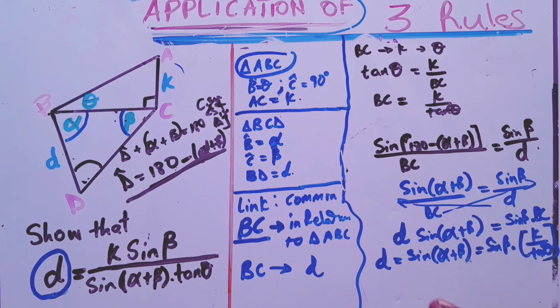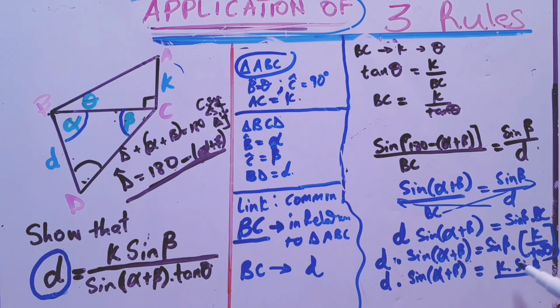So now, sorry, this is multiply. So now our D multiplied by sine of alpha plus beta will be the same as K multiplied by sine beta over tan theta, right? Can you see that? And now lastly, we can divide throughout by this.